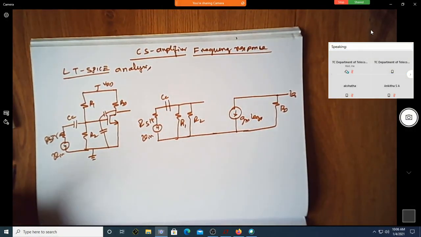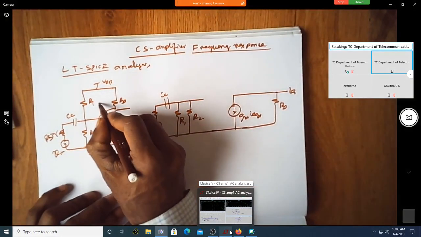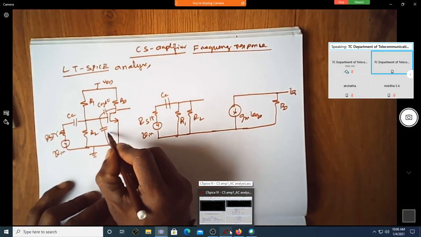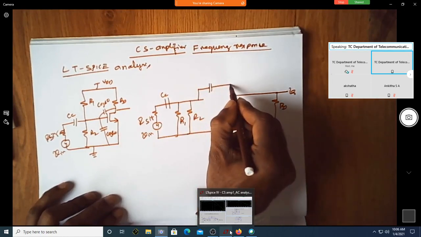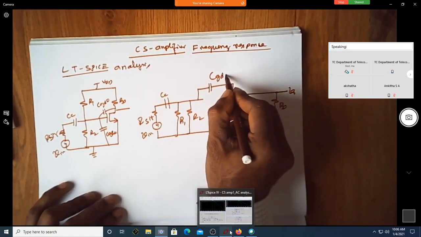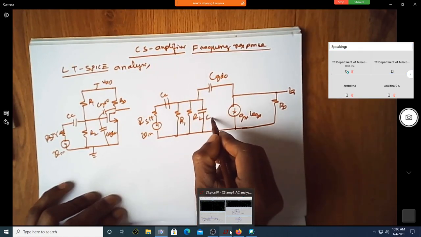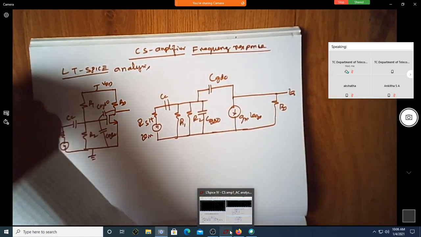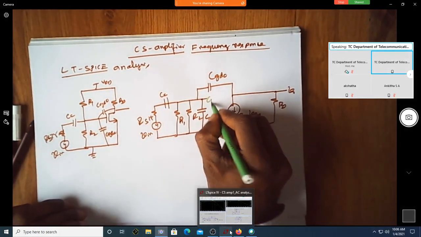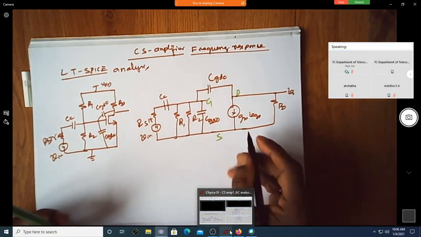Okay, let us go back to the circuit diagram. Let me write this as CGDO, CGSO. This is gate terminal, gate, source, drain. Therefore, this is grounded.